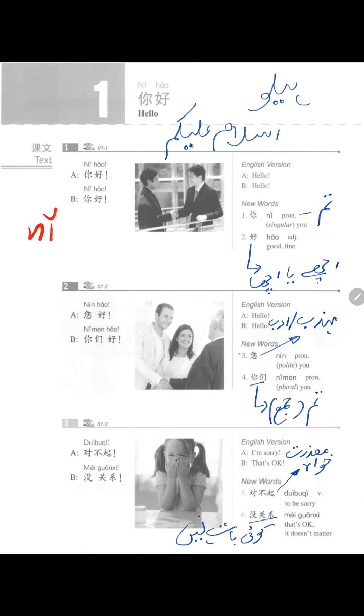पहला लफ्ज़ है नी, जैसे कि आपको यहाँ पे दिखाई दे रहा है। ये लफ्ज़ बेसिकली हम लिखते कैसे हैं ये मैं भी आपको बता देता हूँ। ये ऐसे लिखते हैं और इसको हम नी बोलते हैं, और ये है तुम। मैंने लिखा भी है यहाँ पे, आप देख सकते हैं ये तुम, नी तुम, हाउ गुड अच्छे। So ni hao means like you plus good.